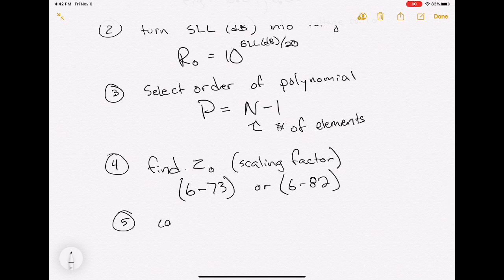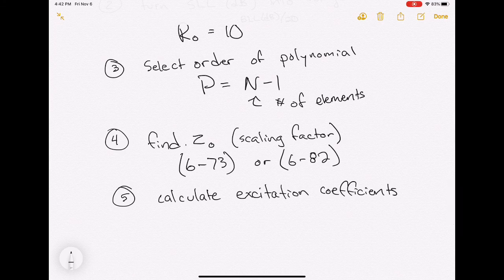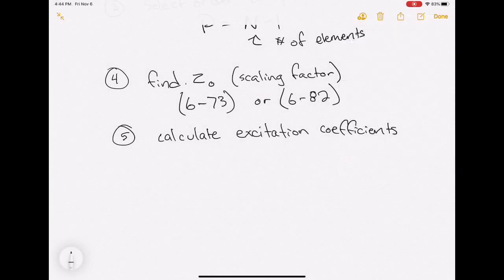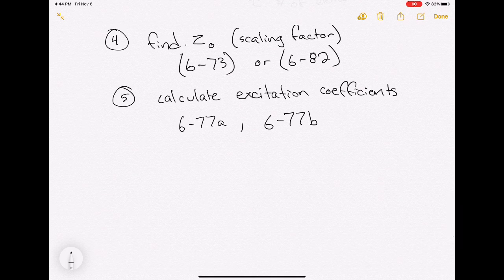Step 5, you calculate the excitation coefficients. You can calculate your excitation coefficients directly using some closed form formulas, which are 6-77A or 6-77B.